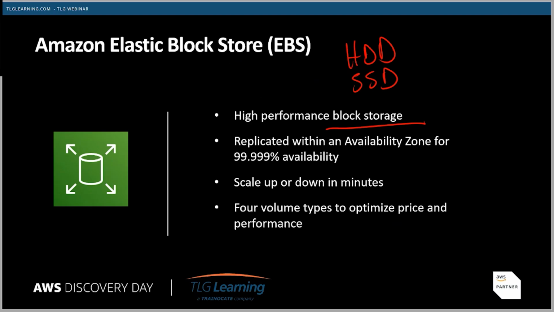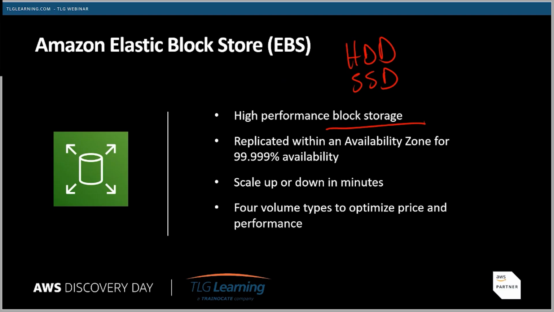You would need to format them with the file system. If you're installing Windows, we would format the EBS volumes with the NTFS file system. If you're running Linux, then you have a variety of Linux file systems you would format, just like you would format a hard drive in your own computers, your own servers.